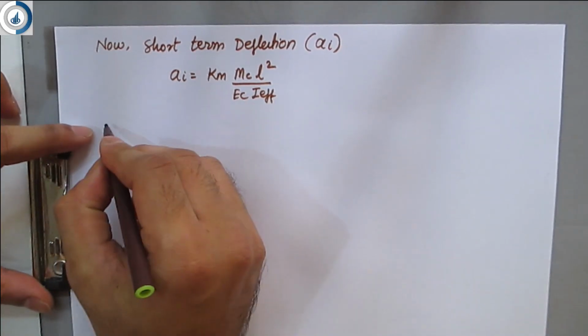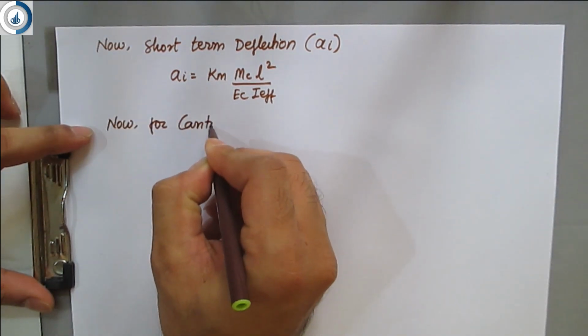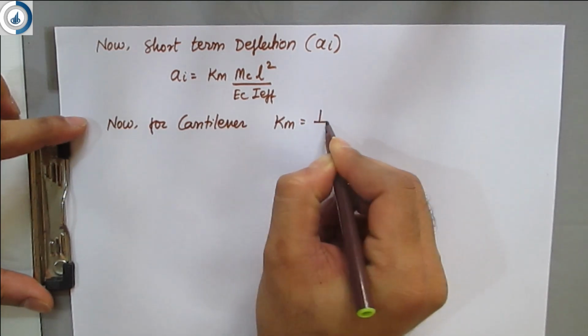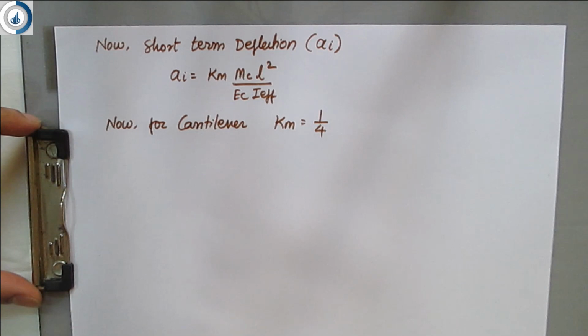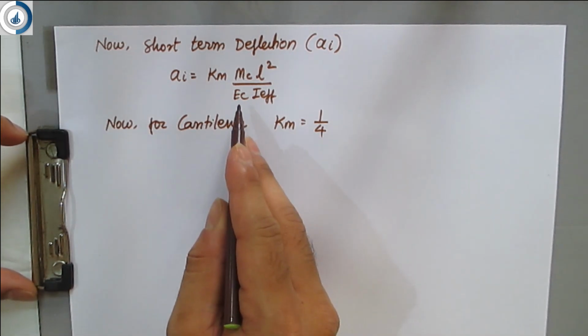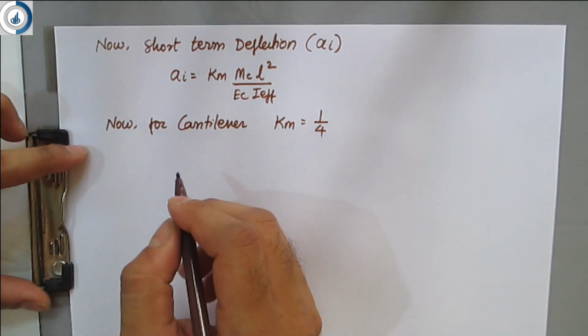We'll write down here now for cantilever, Km is equal to 1 divided by 4. Now you have to calculate 1 by r. The easiest thing in this problem is EC, the modulus of elasticity of concrete.